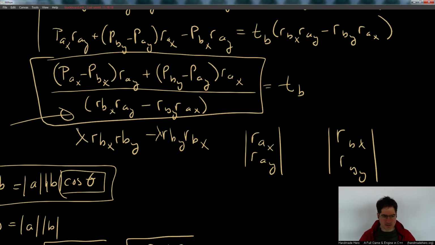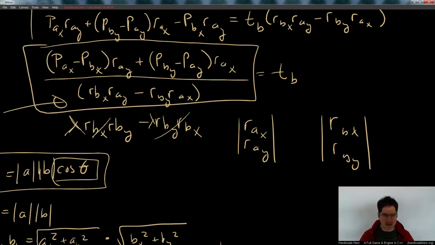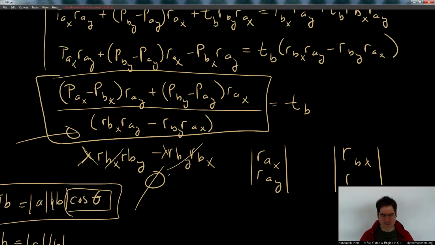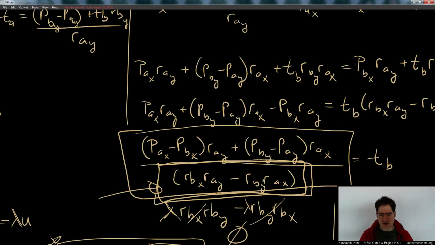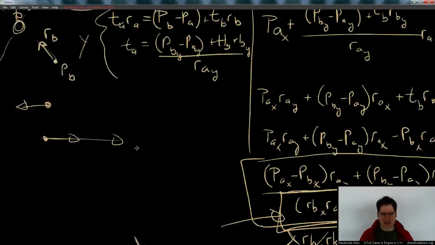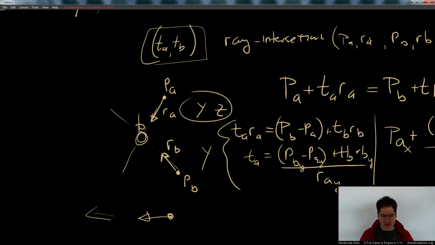And now you can see that lambda RBX RBY minus lambda RBX RBY is the same term. So they cancel and you get a 0. So you can see right here that the math, without us even ever knowing it when we wrote it down, has figured out the fact that this problem we asked it to solve is unsolvable in one case, and that case is when these are parallel.